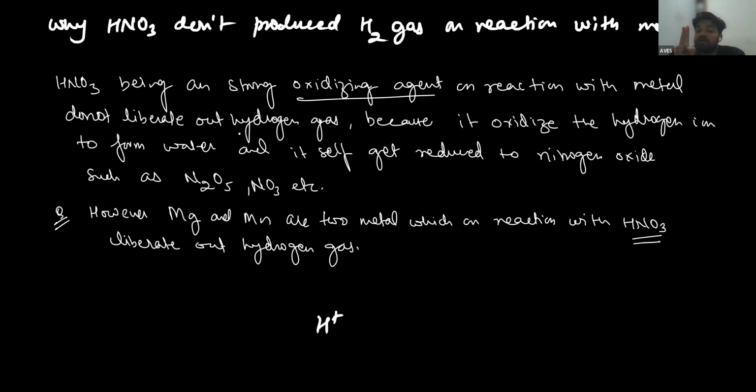Many times it has been asked in the examination which metals can react with HNO3 and produce hydrogen gas. There are two metals: one is magnesium, and another one is manganese. So Mg and Mn are the two metals which, on reaction with HNO3, can liberate hydrogen gas.